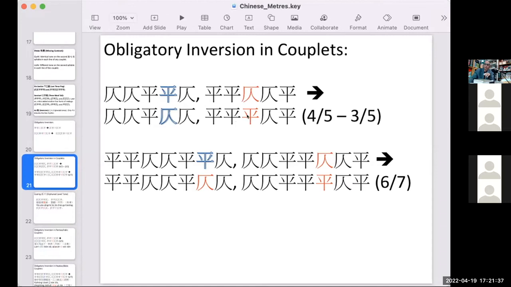Again, for the sake of striking balance in the rhythm, and also to avoid this grouping, because if you change the ping into zi, that means you have only one ping here. So you have to make it up. This is the 5 character line, and the same rule is applied in the 7 character per line, that's Qi and Shi, heptasyllabic verse.